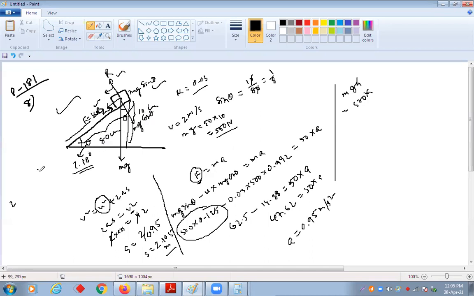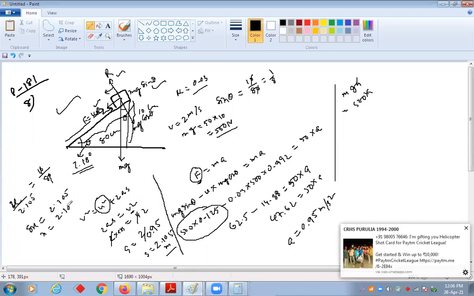So let the height be 10, then the length of the plank is 80. Now the length of the plank is 2.105 and let the height be x. So 8x is equal to 2.105, so x equals 2.105 divided by 8.